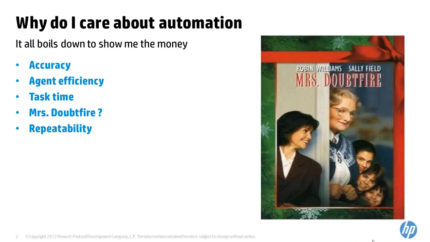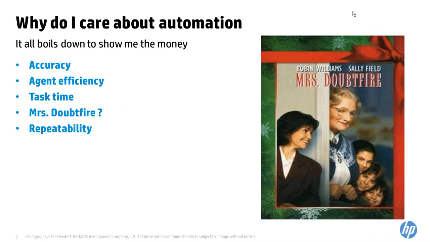And so the first question I want to ask, and I'll be doing lots of questions and answers through this presentation, is why do I, as an IT team, why do I, as a customer of HP, why do I, as anybody, care about automation? What is it about? Why do I want to do it? What value does it provide to me, and so forth?